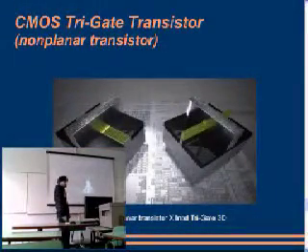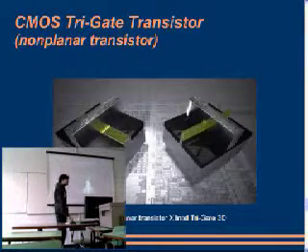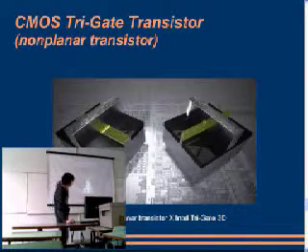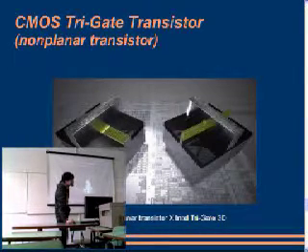Now let's talk about the CMOS 3-gate transistor of Intel. It's a little dark, but this is a normal transistor, a planar type of transistor. We have the gate here, the source and the drain, and the current flows through here. And here we have the 3D transistors of Intel.